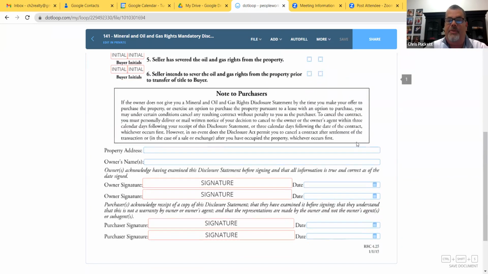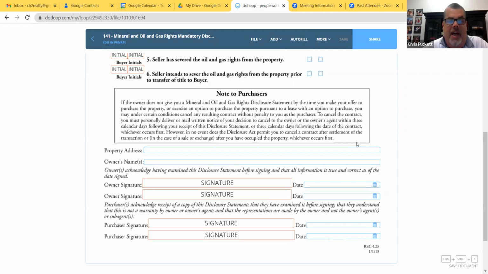One note to the purchasers down at the bottom in the big box. This is if the owners do not have a mineral oil and gas disclosure by the time you make your offer to purchase the property or exercise an option to purchase the property pursuant to a lease with the option to purchase, you may, under certain conditions, cancel any resulting contract without penalty to you as the purchaser.